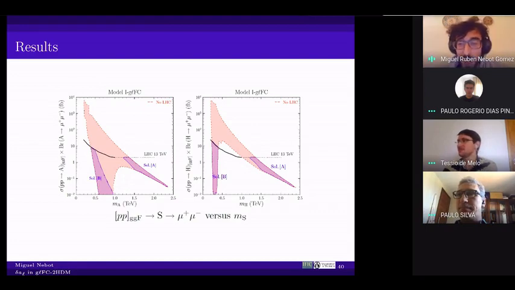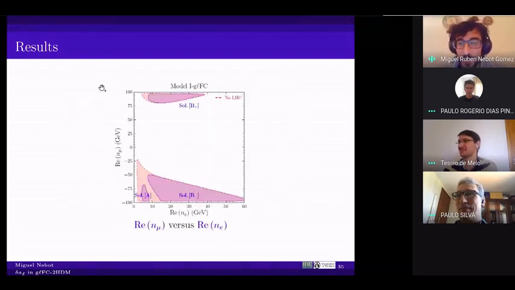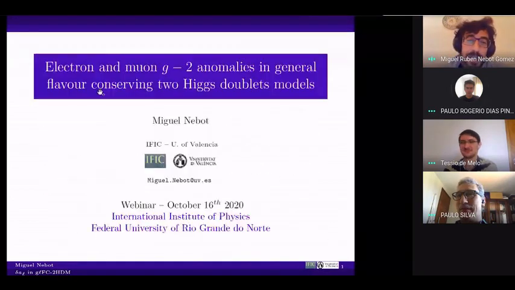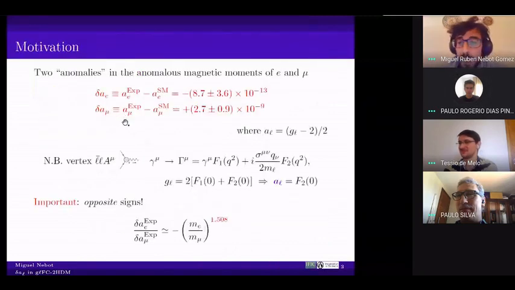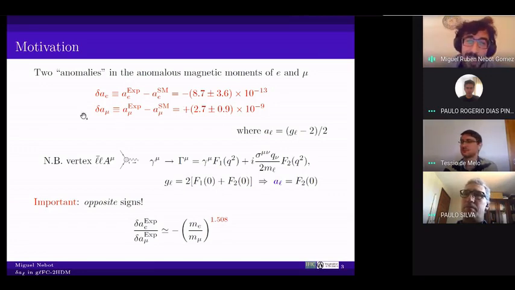Well, I would like to have a crystal ball to really know what is going to happen, but it's when you think about those two anomalies together that you might start to worry. Sure, the muon one has been there for a lot of time, but this is just at 3 sigma, and you have all this hadronic vacuum polarization thing, which I'm not an expert on, and for the electron it is not even at that level.